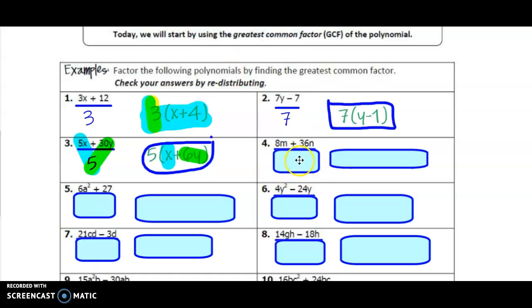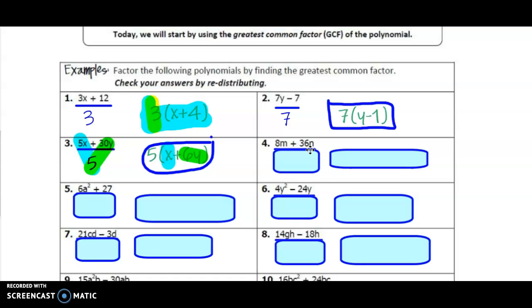Okay, for the next problem, I have an 8m and a 36n. So again, the variables don't match, so I'm only going to look at the numbers. 8 does not go into both 8 and 36, so 8 cannot work. But the number 4 goes into 8 and into 36. 2 also divides into both, but remember, we're looking for the greatest common factor.